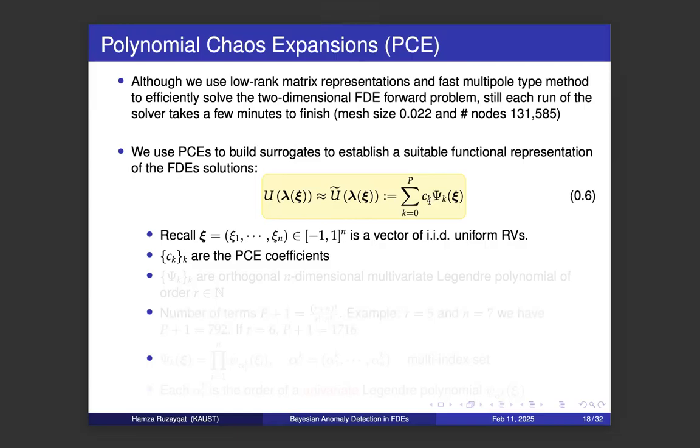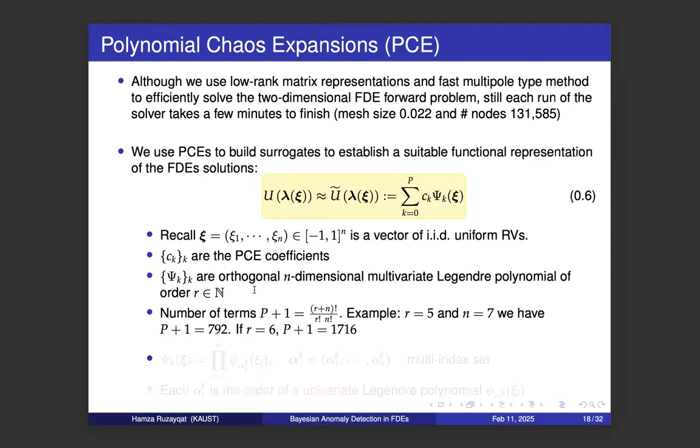These c_k are called the polynomial chaos expansion coefficients. And these psi_k are orthogonal, n-dimensional, multivariate Legendre polynomials of order R. And the number of terms, capital P, plus 1 because we have 0 here, is R plus n factorial over R factorial n factorial, where n is the number of parameters.